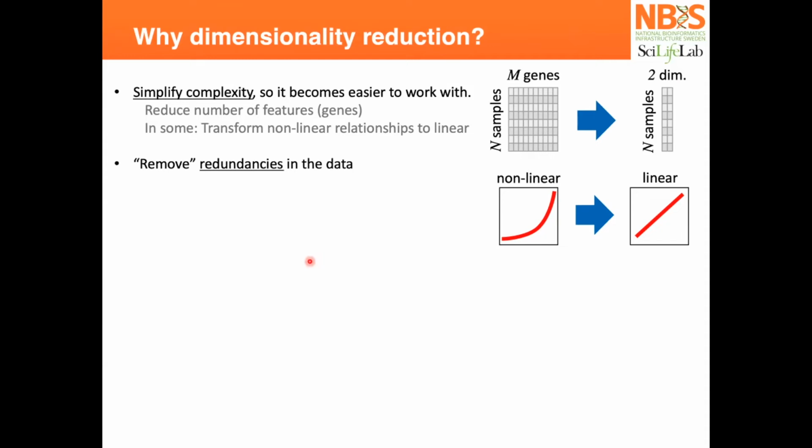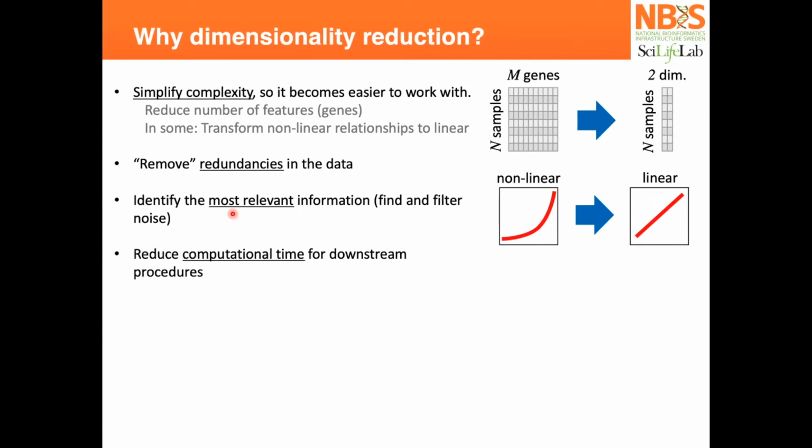Some cells will have the same expression of a transcript because they are the same cell type. So you don't need all that information from all those genes to show that those cells are similar or different to each other. In that way, we can identify the most relevant information in your data set and filter noise, and that can be done using PCA, for example.